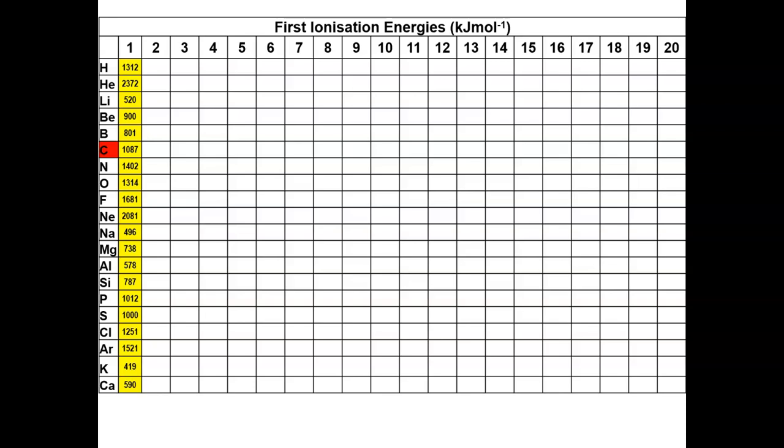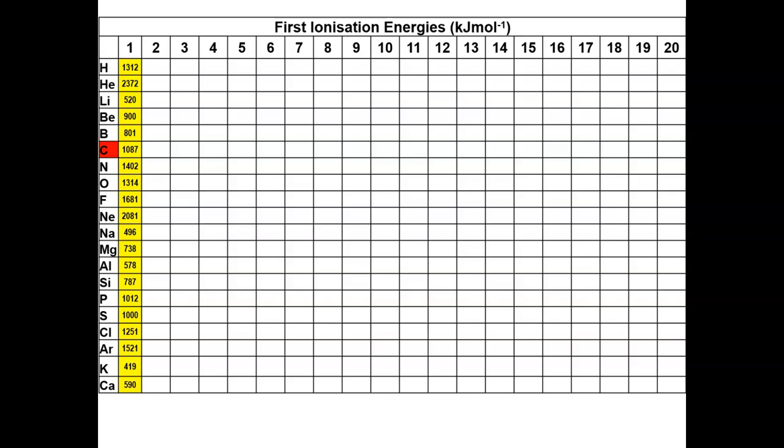2,372 kilojoules, much more than carbon. And of course, the lowest value in the whole table, you find it right near the bottom, is of course potassium at 419, considerably lower than that for carbon. So the size of this ionization energy value reflects the stability of the electron arrangement.